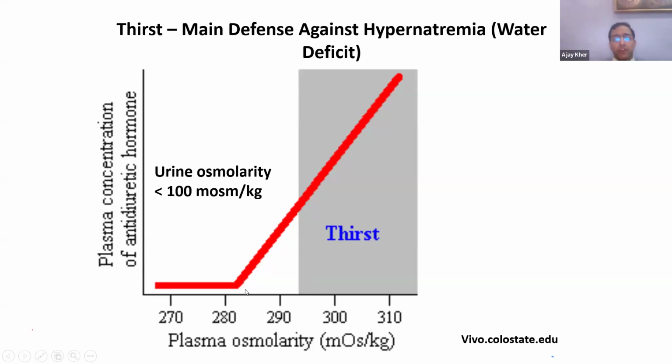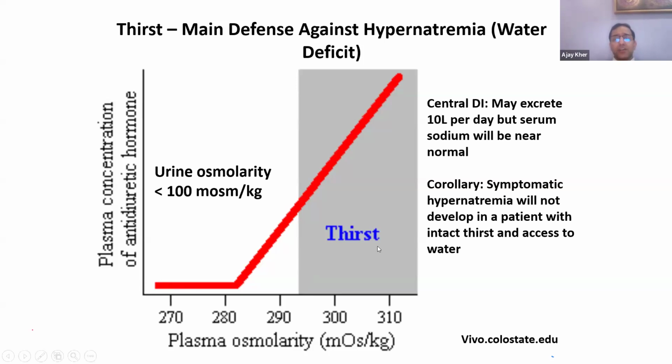So in this, their urine osmolarity is going to be less than 100 if their ADH is shut off. In central DI, you may excrete 10 liters per day, but the serum sodium will be near normal. And symptomatic hypernatremia will not develop in any patient if they have an intact thirst and can get their hands on water.